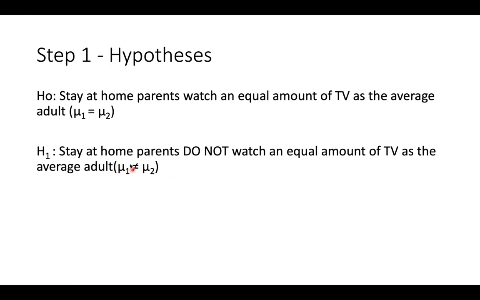And so our null hypothesis is that stay-at-home parents will in fact be equal to the average adult. So when you have a one-tailed hypothesis, you're going to have inequalities: greater than, less than, greater than or equal to, less than or equal to. In a two-tailed hypothesis, you will always have not equal to and equal to, because this not equal covers both the low end and the high end.